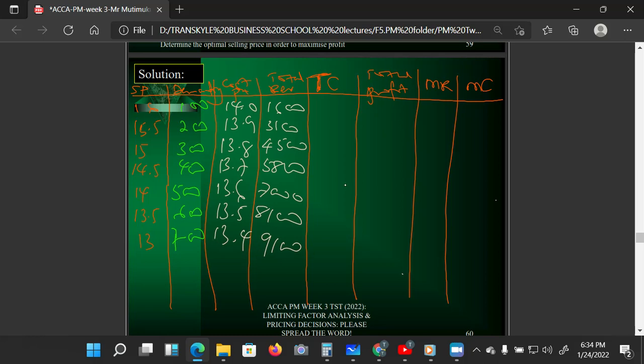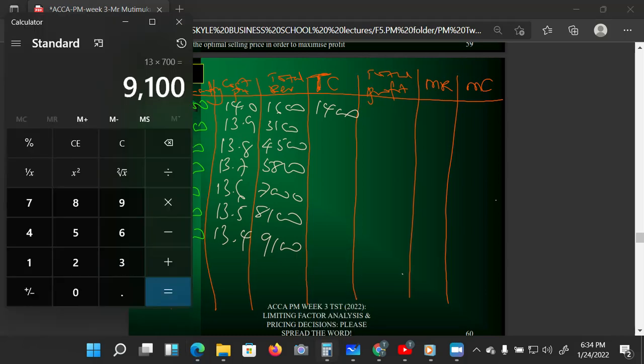Okay, now let's go to the total cost. Total cost is equal to demand multiplied by cost per unit. And we start with 100 multiplied by 14, that's 1,400. Okay, then 200 multiplied by 13.9, that's 2,780.